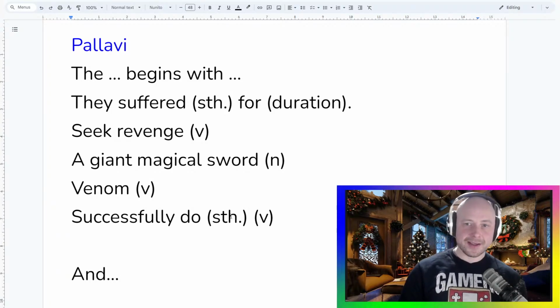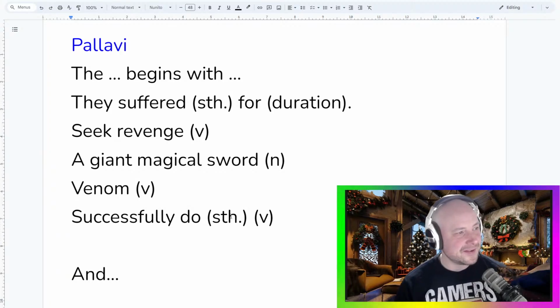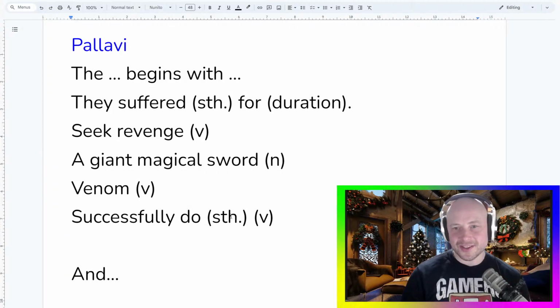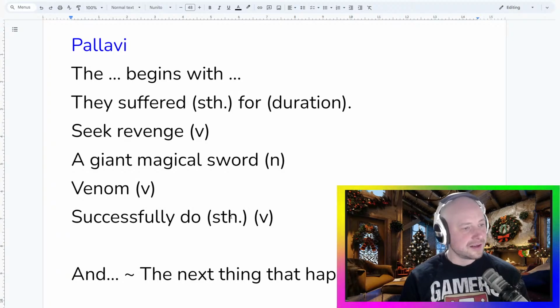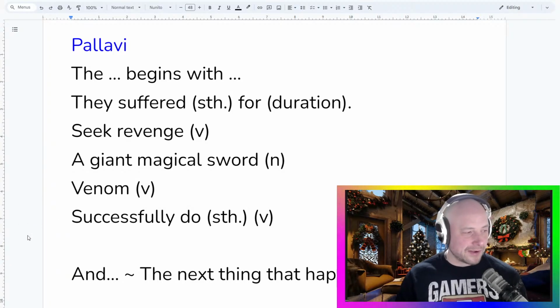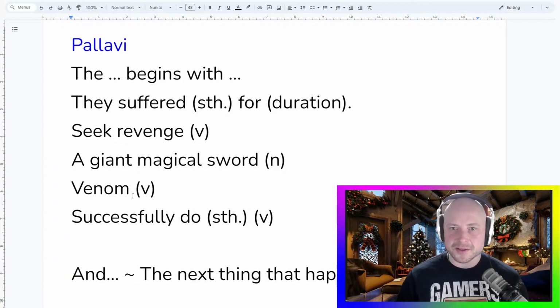You know, like, "and after that," "and then," "the next thing that happened was." That's a good way of saying "and," isn't it? He got the sword. The next thing that happened was, he went to fight Grendel.